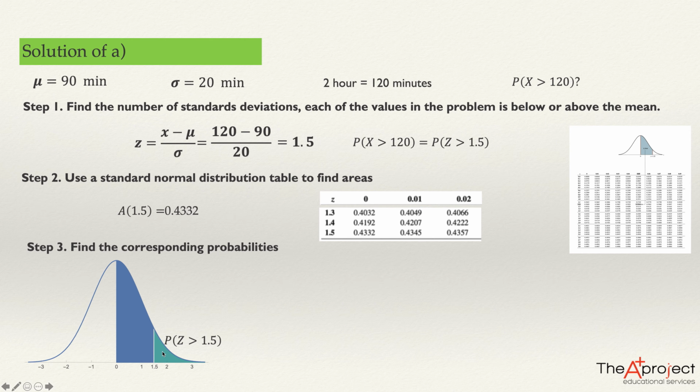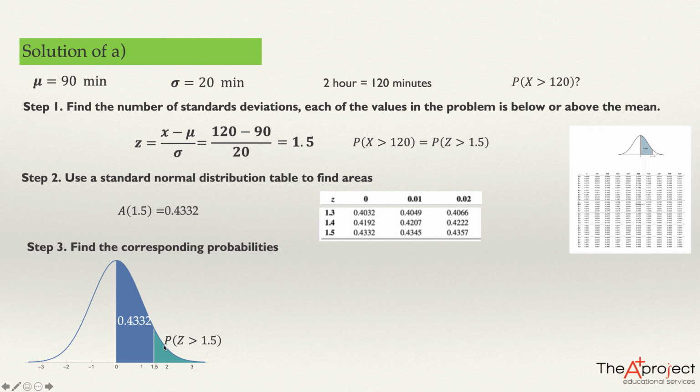The answer that the table gives me is the area between the number and the mean, 0. So this 0.4332 is all this area. But I'm not looking for this area.